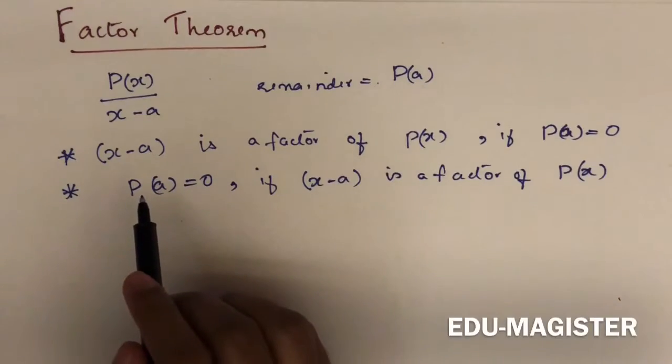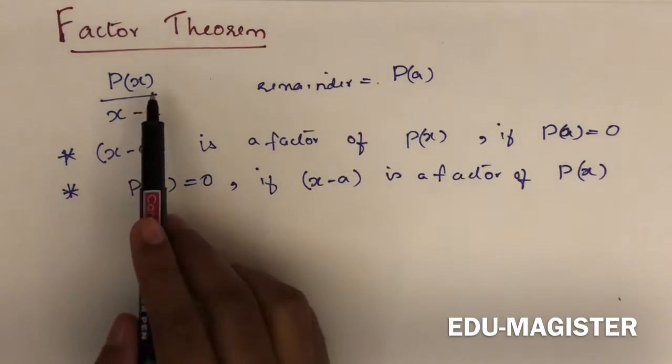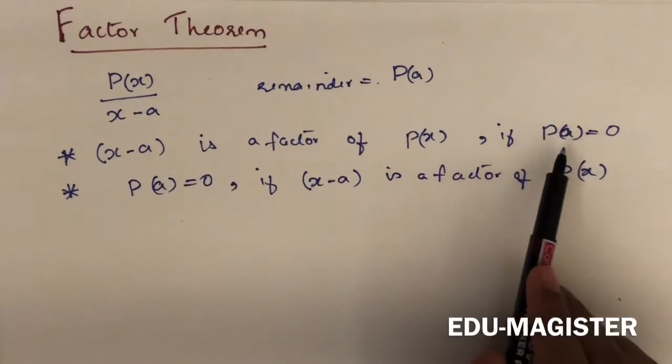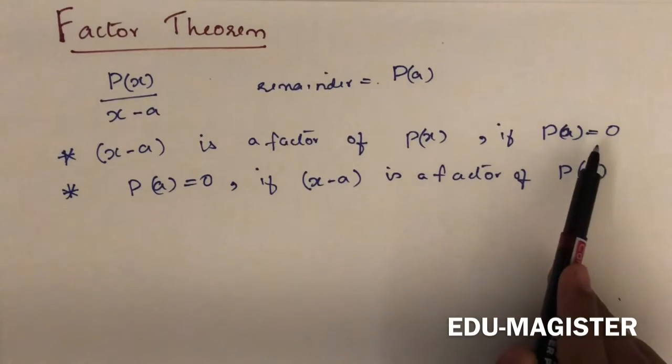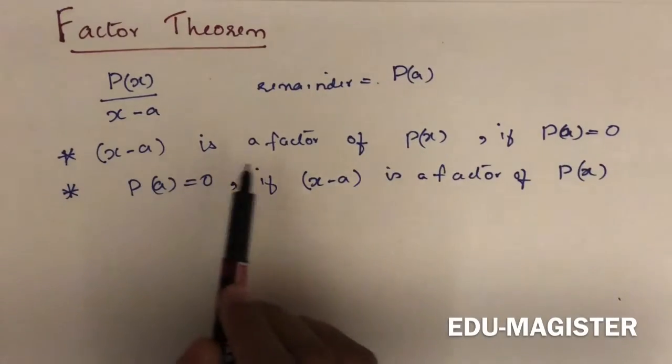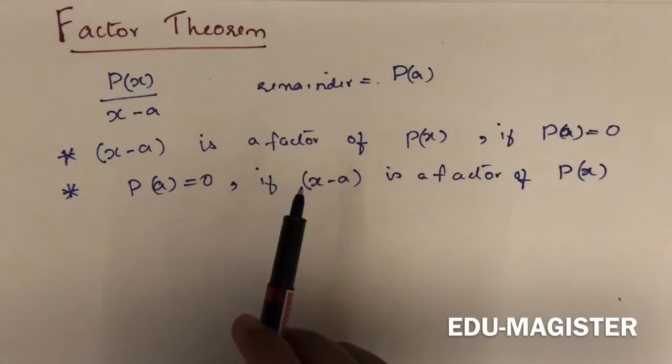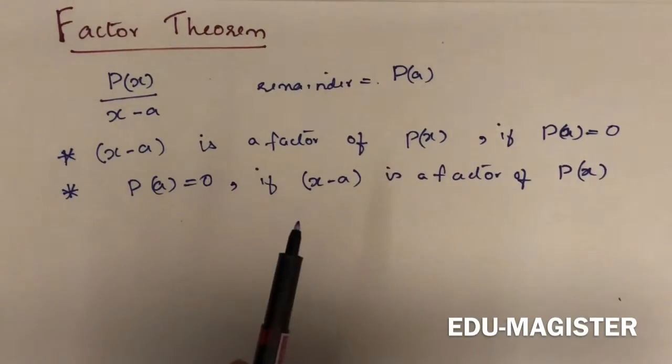So basically, factor theorem says that when we divide p of x by x minus a and the remainder is 0, that is p of a is equal to 0, then we can say that x minus a is a factor of p of x, or vice versa. It is true in both the cases.